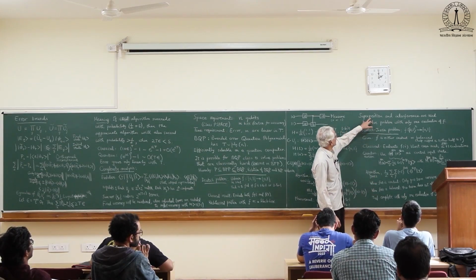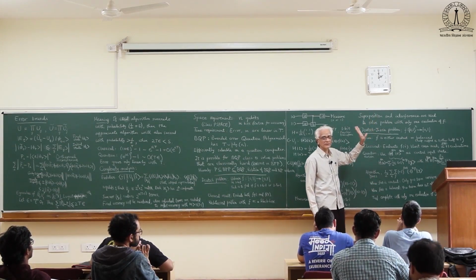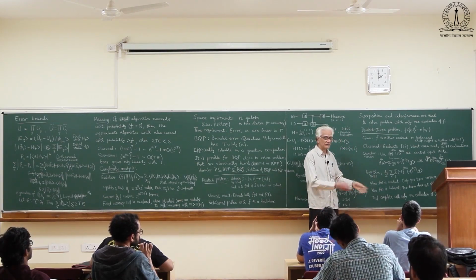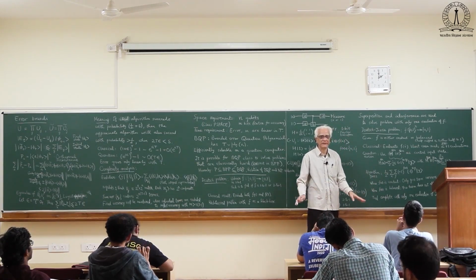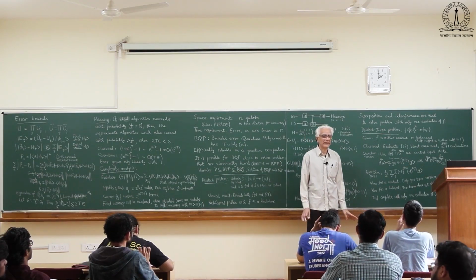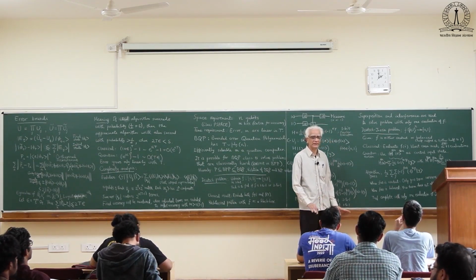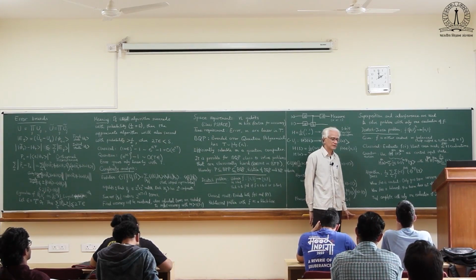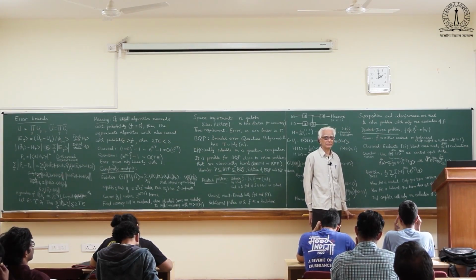Why it happened is all buried inside this superposition and interference. You have 2 raised to n terms, you arrange them, somehow these things cancelled, some things are added, whatever it is, but it added in a very clever manner, and that is the consequence.